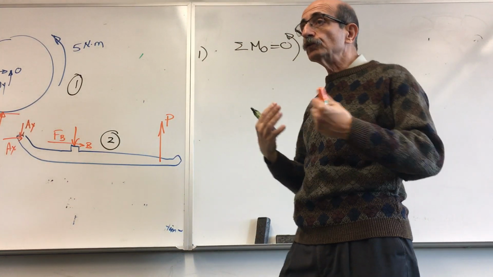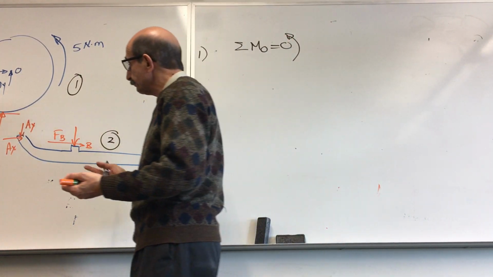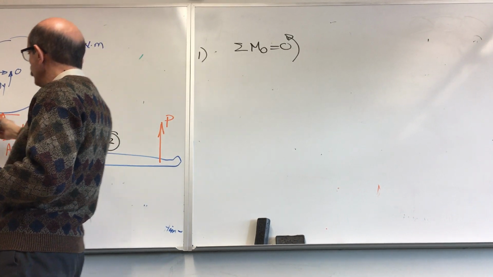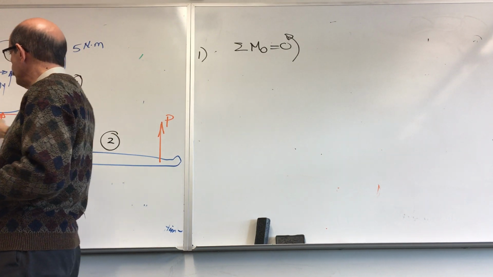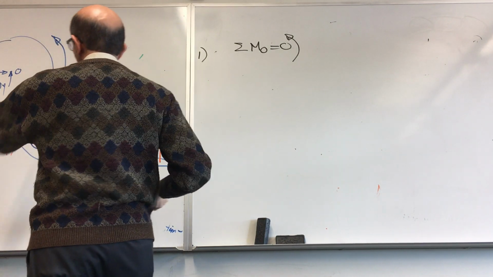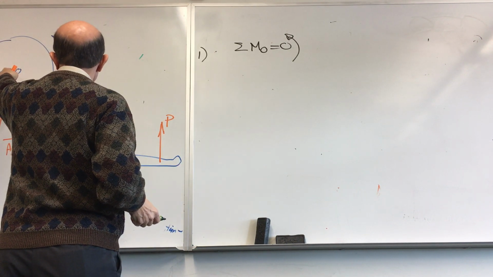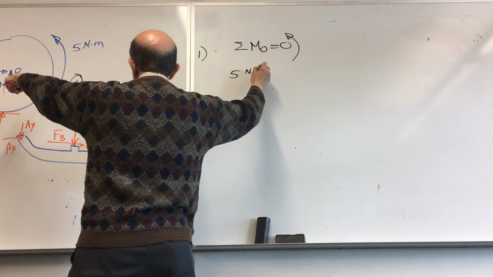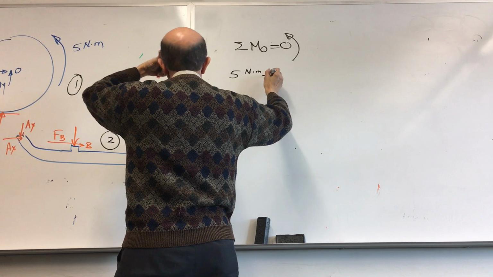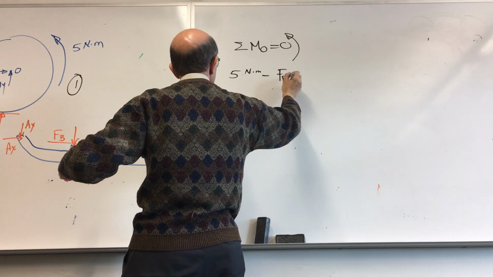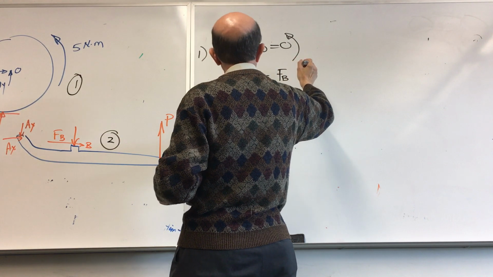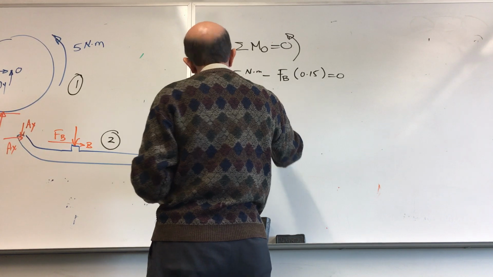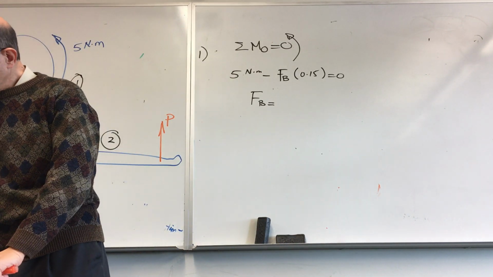Assuming that this is not moving, the maximum force of friction that would be generated here is what we are trying to find. So if you take summation of moments about point O, this goes through that. So you have 5 Newton meter minus F sub B times 0.15 is equal to 0.